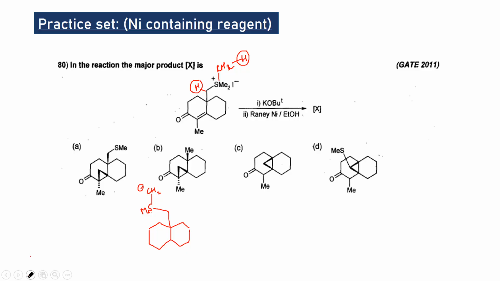Now, as there is an alpha beta unsaturated double bond, this will come here, forming this cyclic structure.